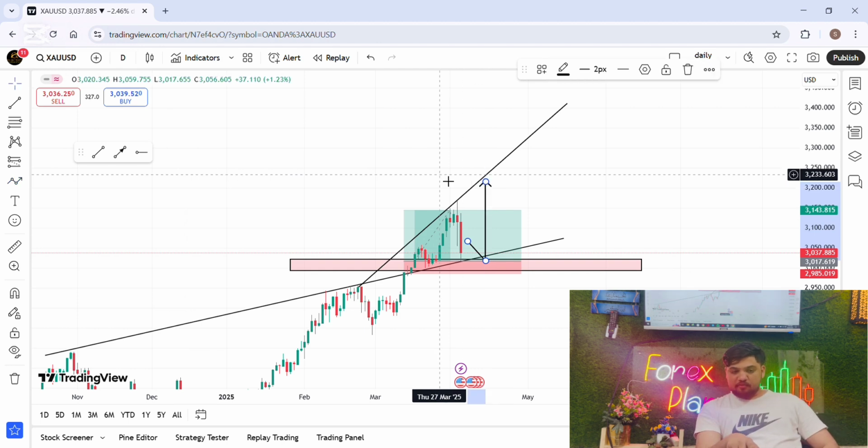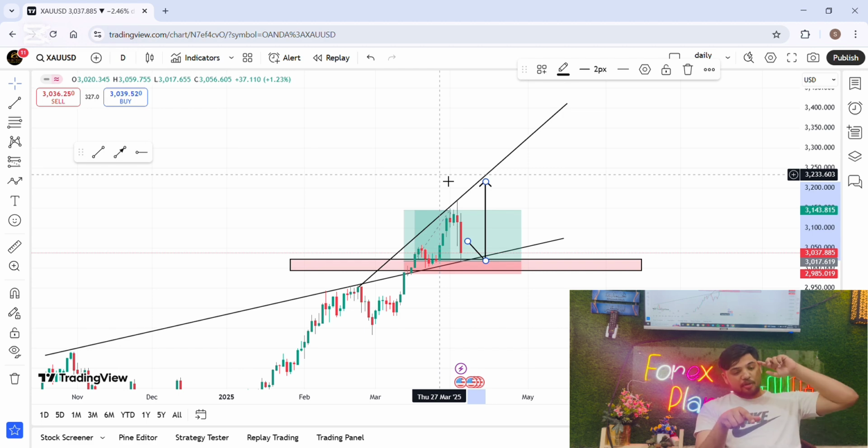Today, 6 April, when I am recording the video, gold is at 3036, and next time when I record the video, gold might have crossed its all-time high, and we can see it in a long buy. Why? Because one more structure is formed here, a triangle pattern, and the triangle pattern is very important. I am not just switching the strategy, I am just showing you that here we can also apply a trend line structure.